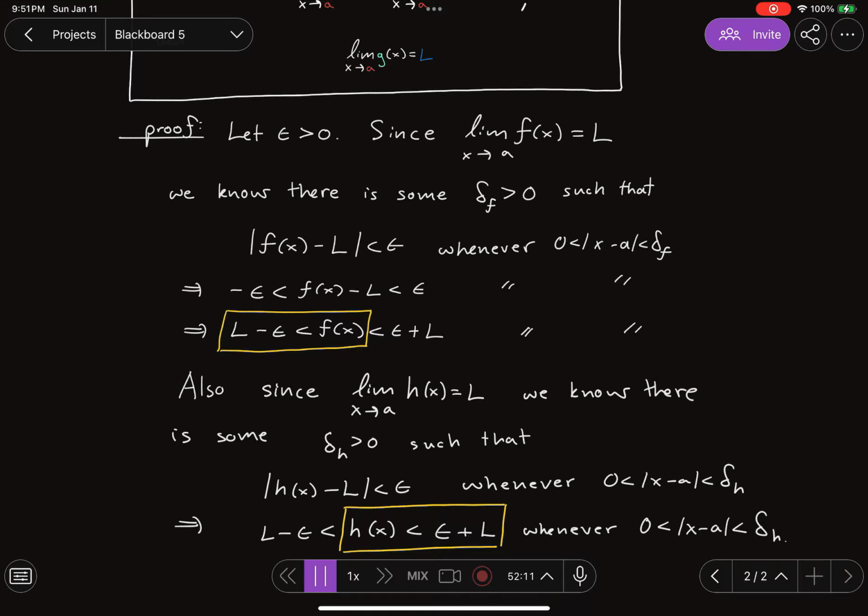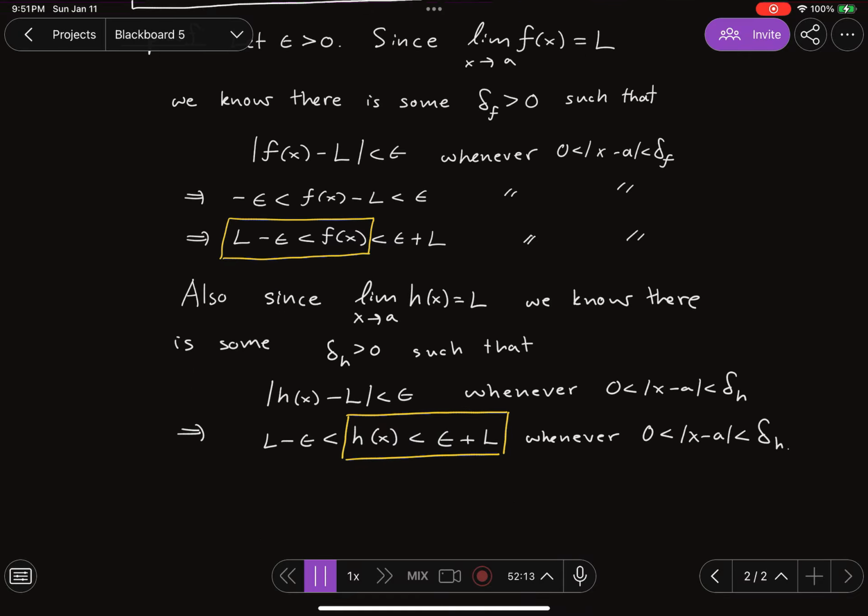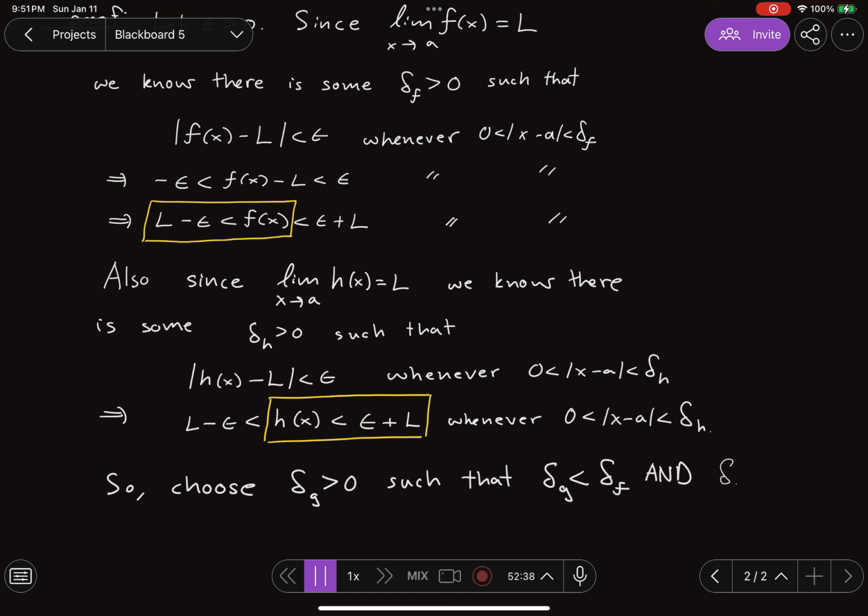It's the same story, you guys. So choose a delta sub g bigger than 0 such that delta sub g is less than delta sub f and delta sub g is less than delta sub h.